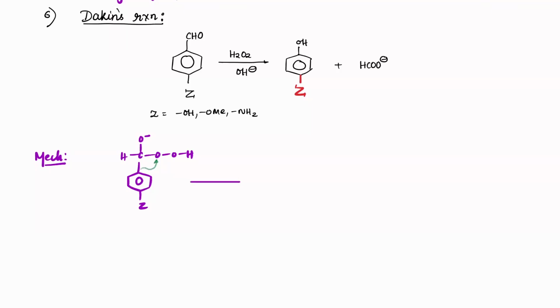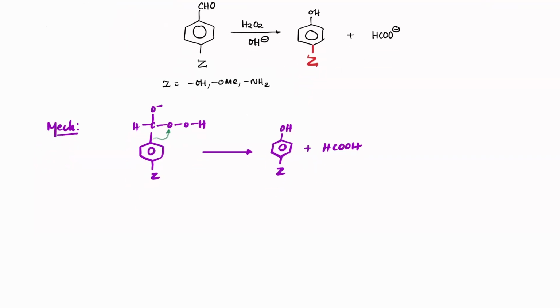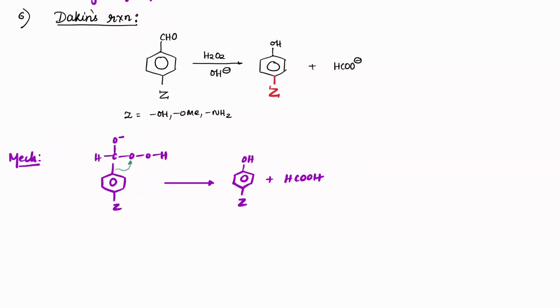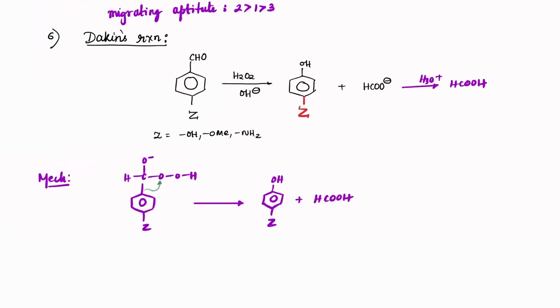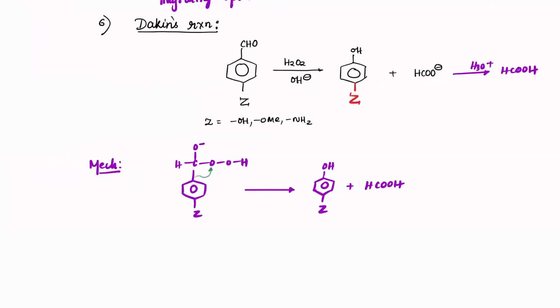That eventually gives us the product as OH with Z substitution, plus on the other side it will become an acid, HCOOH. Got it? This is followed by hydrolysis, then you will write this as HCOOH. This is called the Dakin reaction.